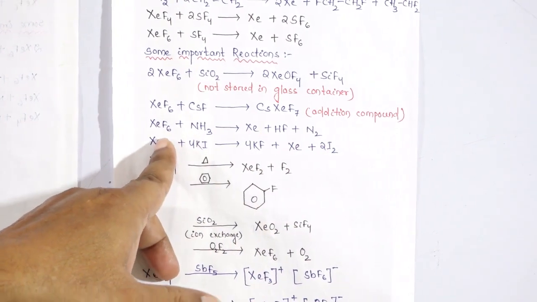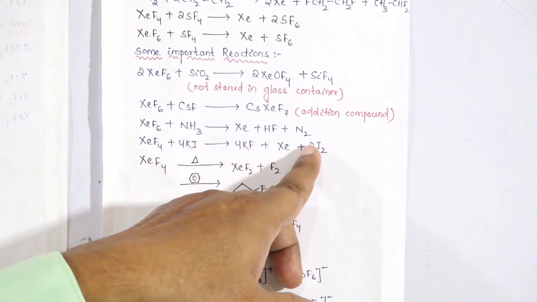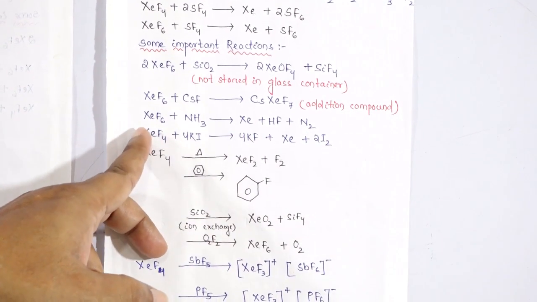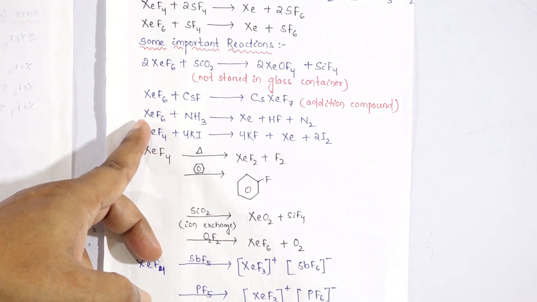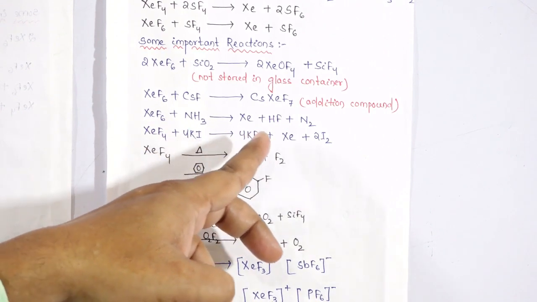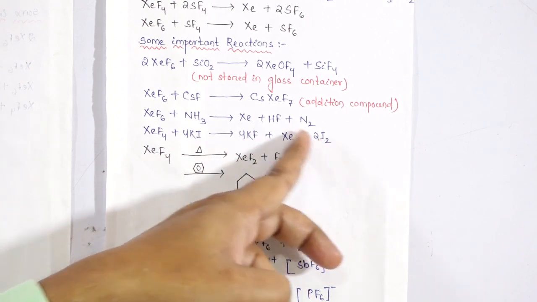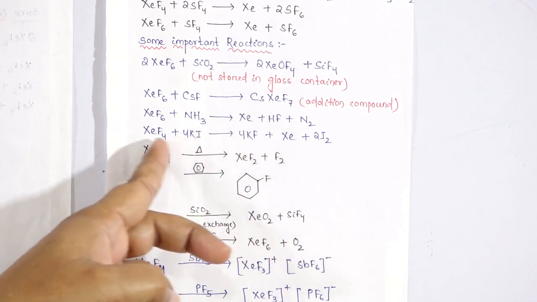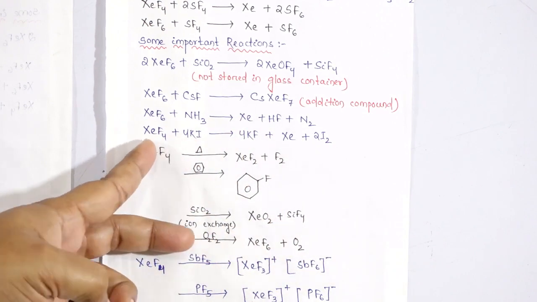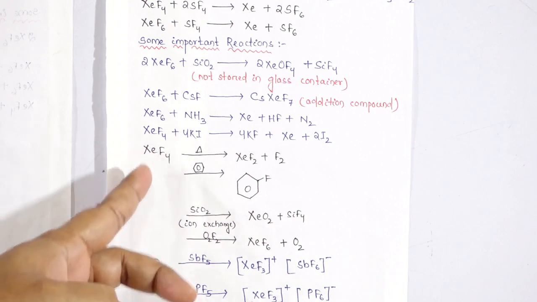Xenon hexafluoride with ammonia gives xenon, HF and N2. In this case, xenon hexafluoride acts as an oxidizing agent. Xenon tetrafluoride with KI forms KF, Xe and I2. Here xenon tetrafluoride acts as an oxidizing agent. These are very important reactions of xenon tetrafluoride.